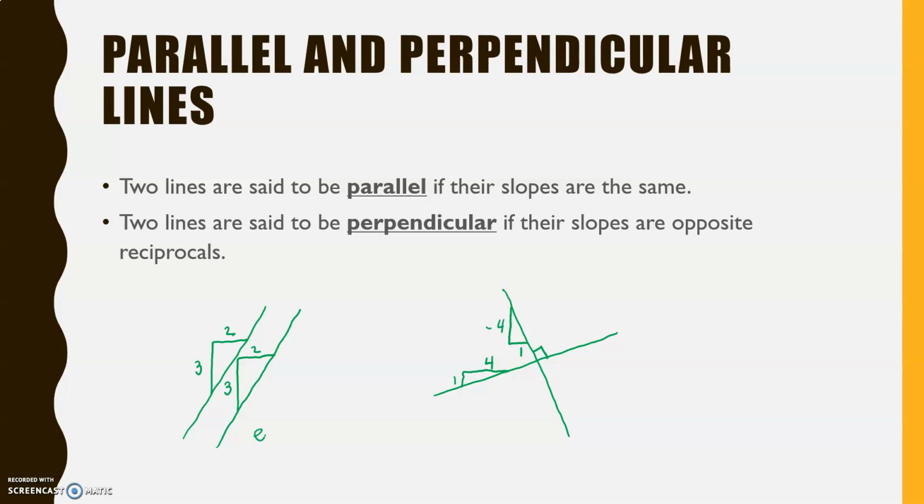So for example, I had 3/2 and 3/2. Over here I had 1/4 and -4. If you want to think about it as 4/1, you can, but we don't have to write the over 1.